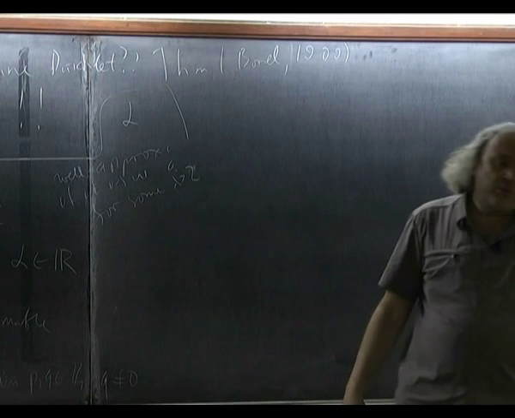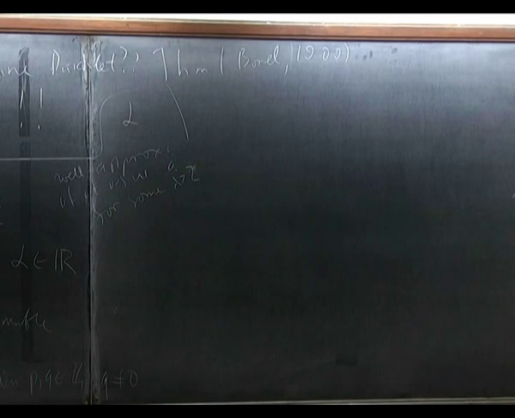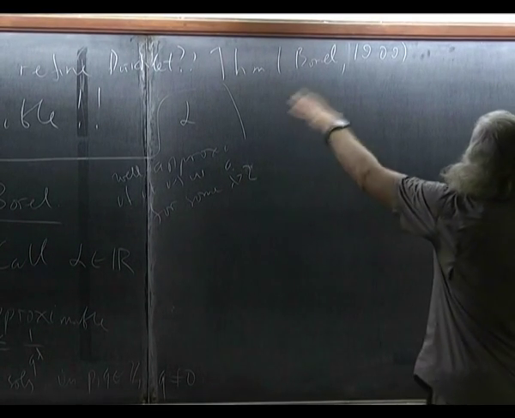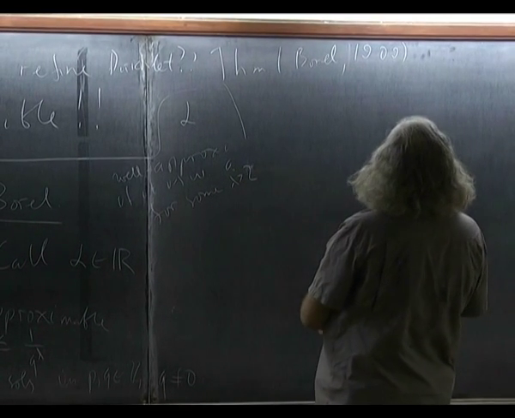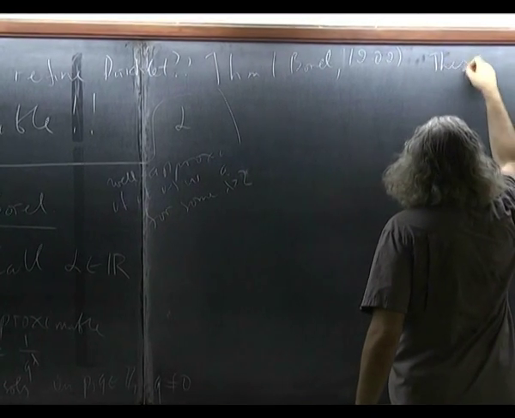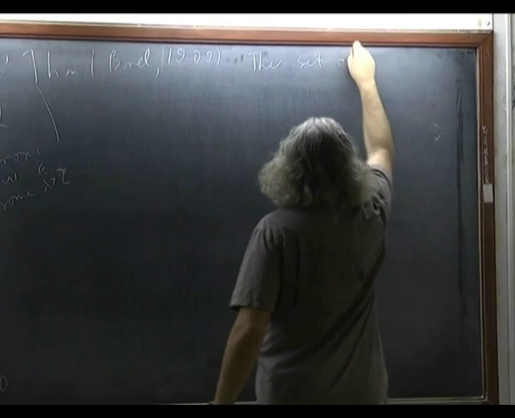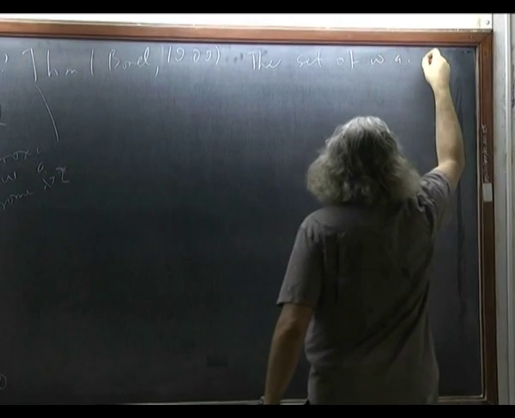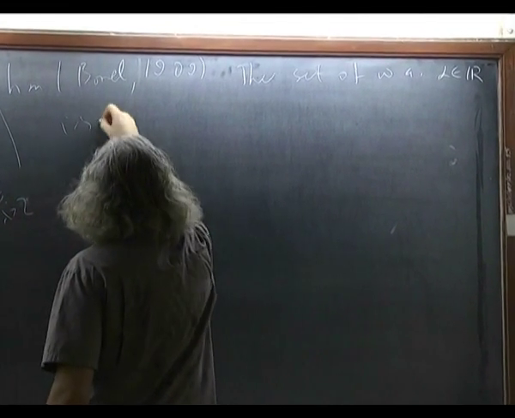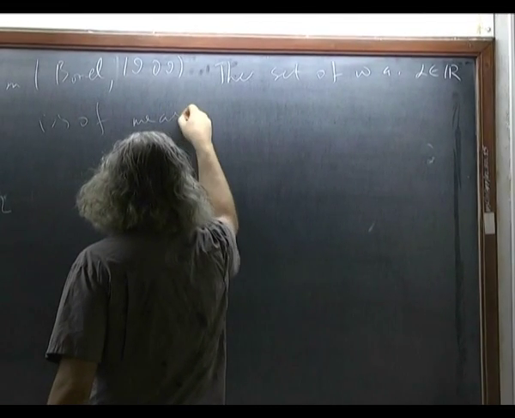Good. If with some exponent, the theorem of Dirichlet can be refined. And now the theorem of Borel tells that the set of well approximable real numbers is of Lebesgue measure 0.